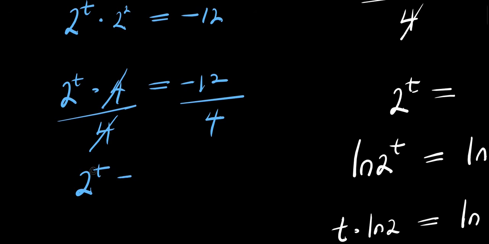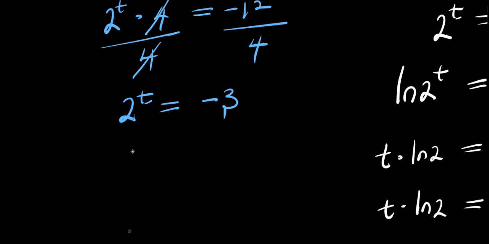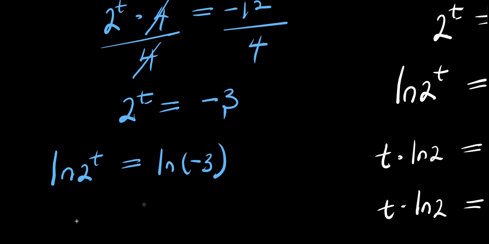We have 2 power t equals -12 divided by 4, we have -3. Then we apply natural log. Our natural log of 2 power t equals natural log of -3, which I express as -1 times 3.